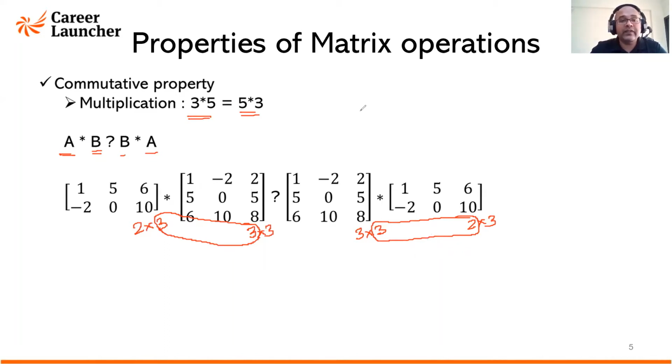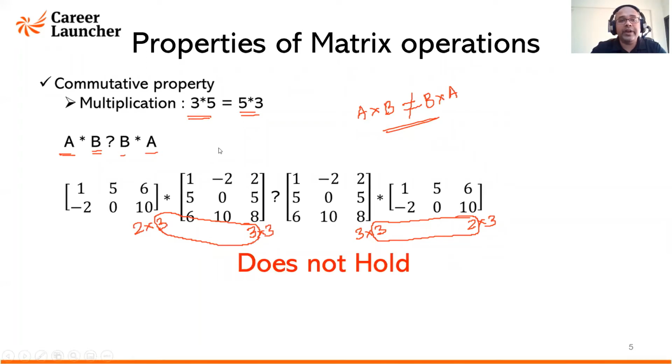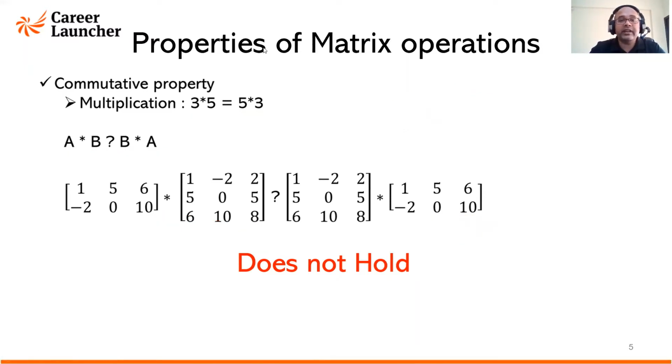So definitely we can say that A into B is not equal to B into A for matrix multiplication, right? So the commutative property of multiplication does not hold for matrices. Now you might ask, what happens if it is a 3 by 3 matrix you're multiplying?